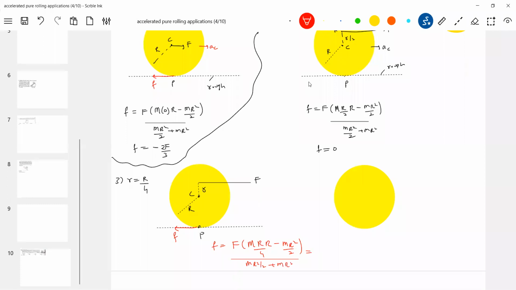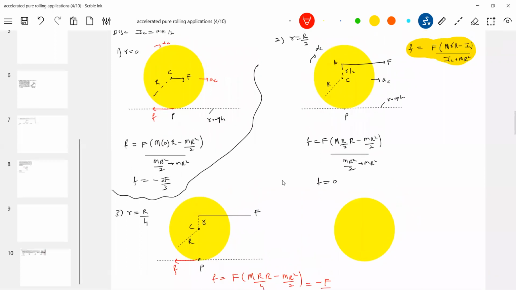Anybody answer? How much f will be? Small f will be? MR square will get cancelled. So 1 by 4, F by 6. Yeah. Now look at the frictional force.